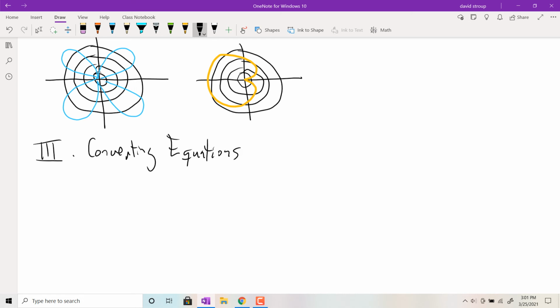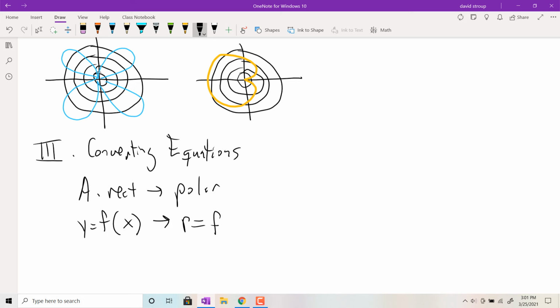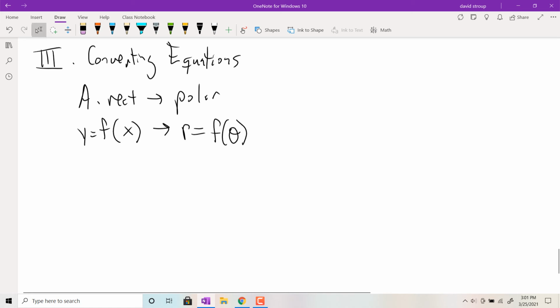Okay. So first off, going from rectangular to polar. So we want to start with something that looks like of the form y equals some function of x, and we want to end up with something that looks like of the form r equals some function of theta. First, what you should try, and I try to give you a program for doing this.